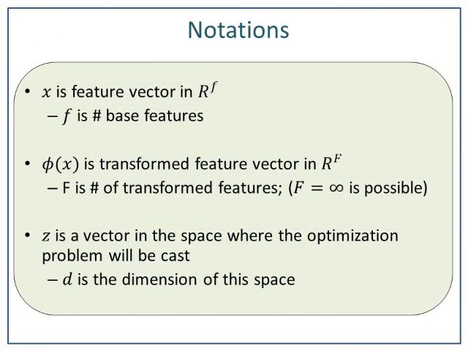So what are those? So first a few notations. Okay, so you start with the feature vector x, which is sitting in real space of dimension f. So that's the base. f is the number of base features. Okay.